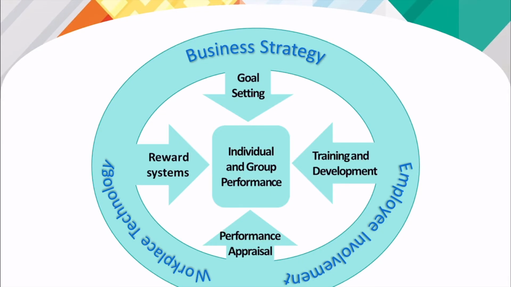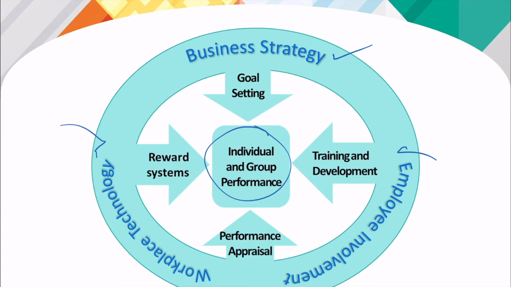As you see here, there's a performance management model, and it consists really of three entities. You have the business strategy, you have employee involvement, and you have workplace technology. All three of these things combined go into individual and group performance.